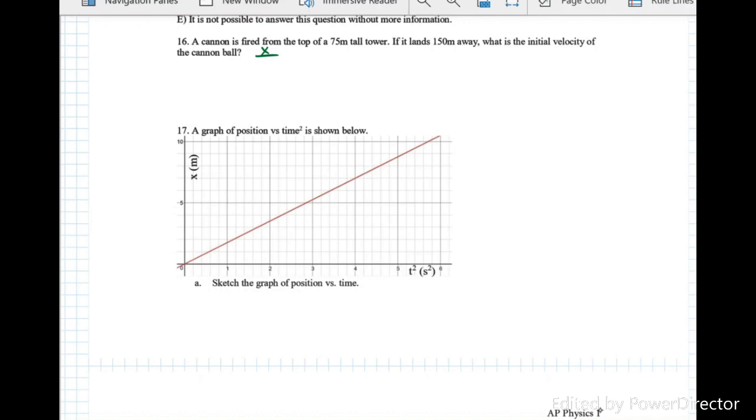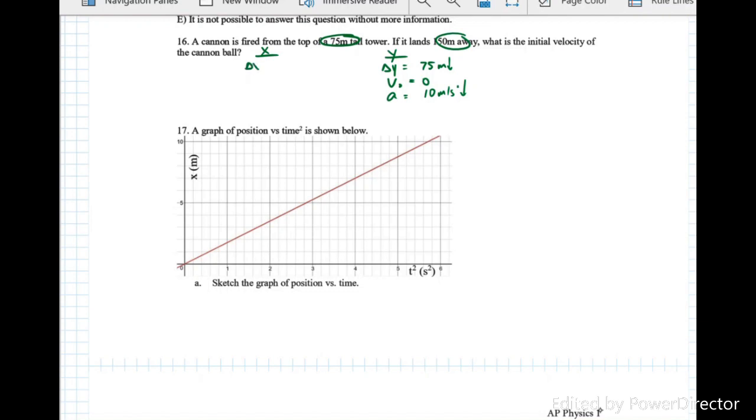It has X stuff and it has Y stuff. So, if it's a 75 meter tall tower, that's Y stuff. My delta Y, 75 meters. And since we're starting at the top of the tower and going down, my delta Y is in the downward direction. The initial velocity is going to be 0. It's a horizontal projectile. The acceleration is 10 meters per second squared down. I don't have to make anything negative here.